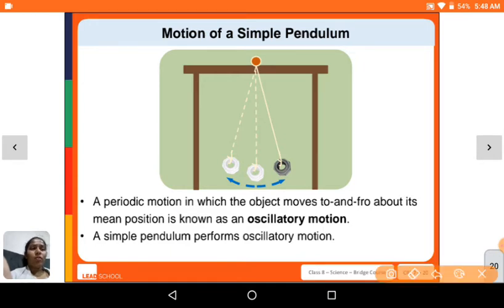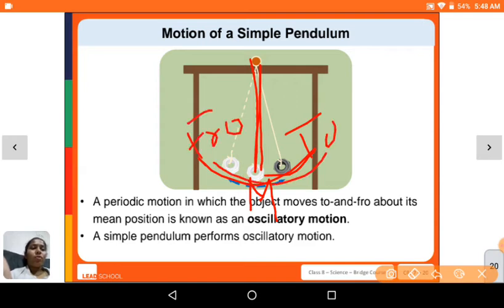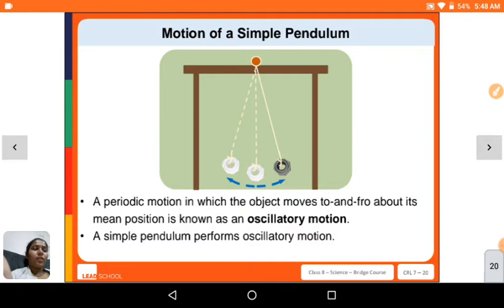This is the mean position, capital M. Then, from the mean position, it moves to and fro, to and fro, this side. So, moving to and fro from the mean position is oscillatory motion, and a simple pendulum performs oscillatory motion, right?